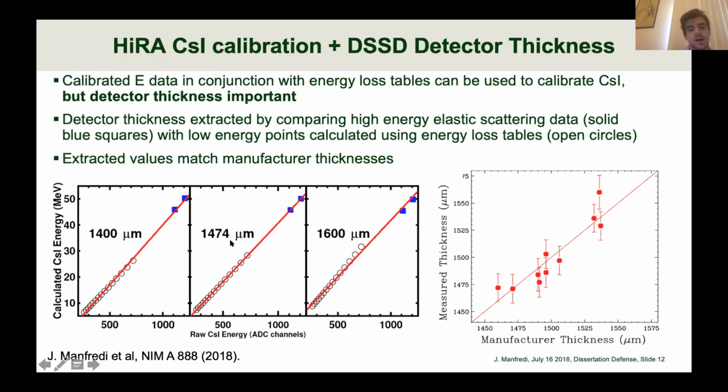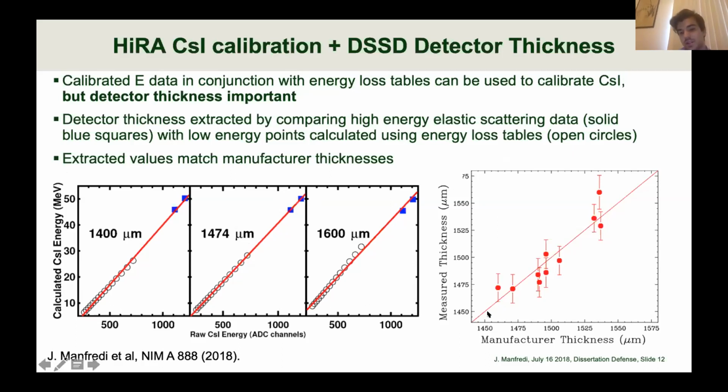You can see here on this plot on the bottom, which shows the calculated cesium iodide energy versus the raw cesium iodide energy. And the thickness that gives us the best fit or the best agreement between the elastic scattering points in blue and these open circles that correspond to the energy loss points is what we determined to be the silicon detector thickness.